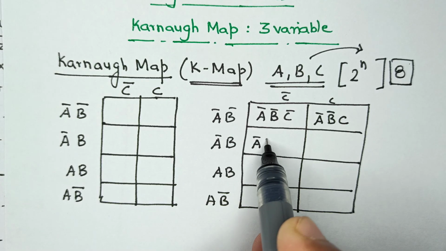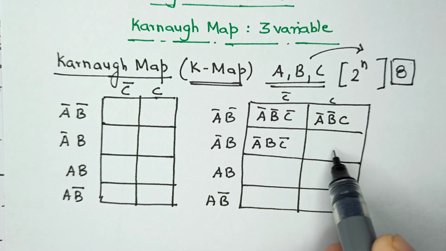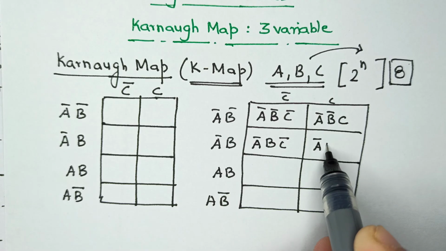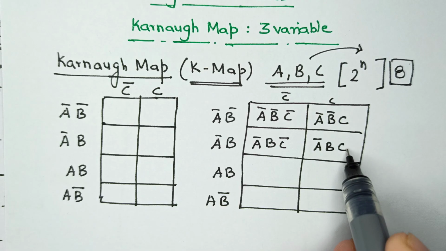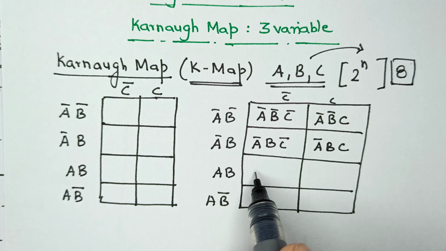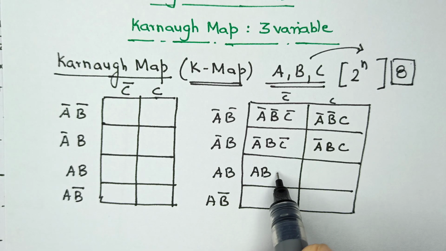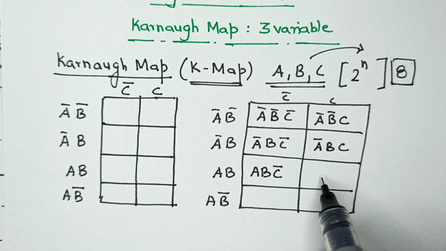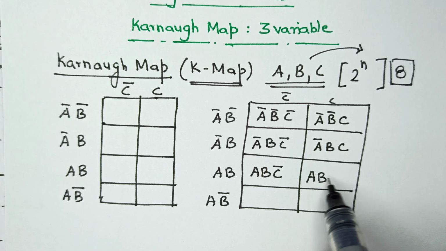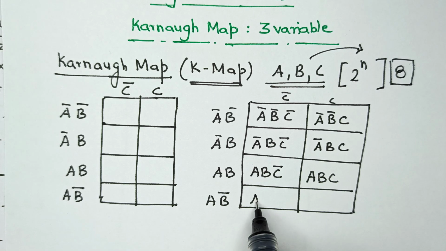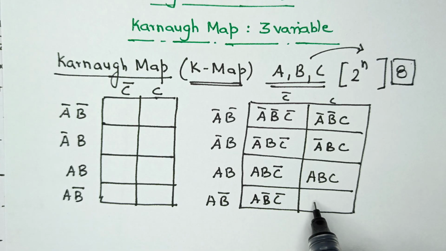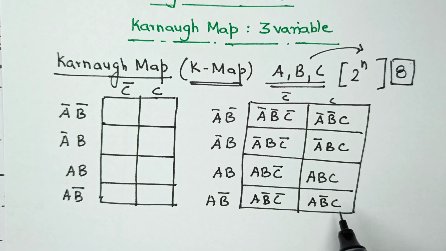Similarly, this one would be A bar, B, C bar, and this cell is A bar B and then the column which is C. Similarly, for this one we'll write the row first, that is AB and the column that is C bar. For this one we'll have AB and C. In the next one, we'll have A, B bar, C bar, and A, B bar, C.